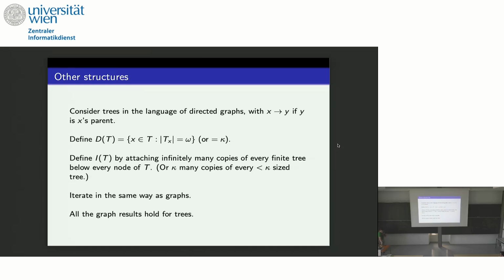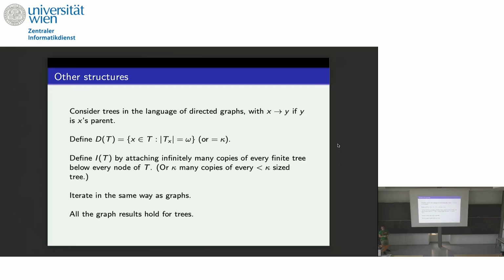What I'm going to do is, to every vertex of my original tree, I'm going to attach a copy of every finite tree, finite in omega computability, less than size kappa in kappa computability. I mean, every small tree, I'm going to attach a copy there. In fact, I'm going to have to attach infinitely many copies.